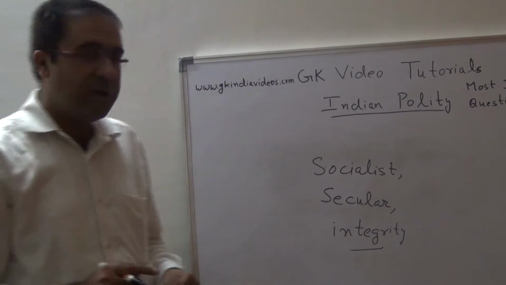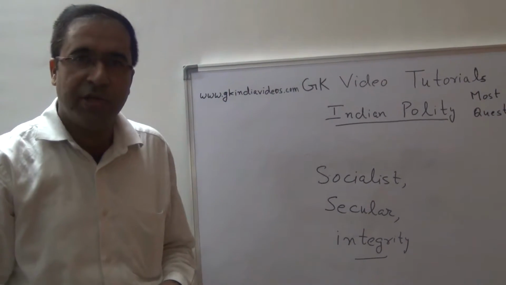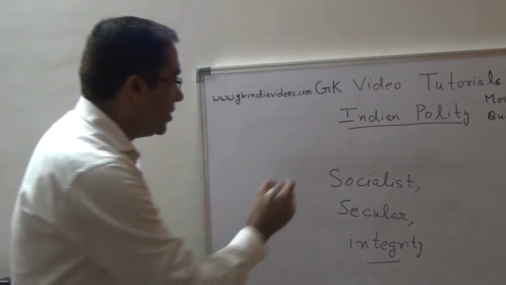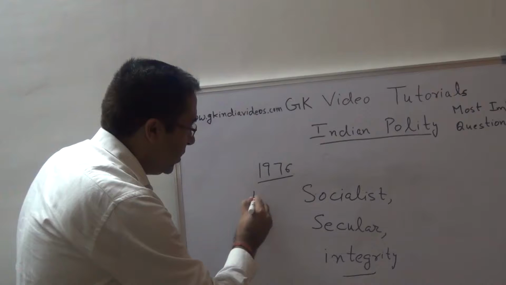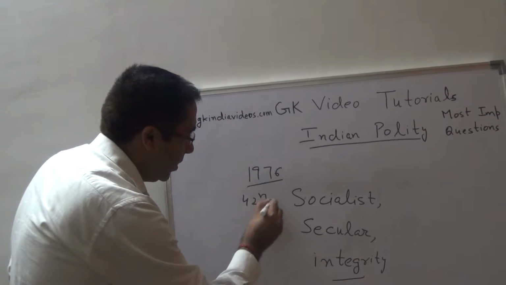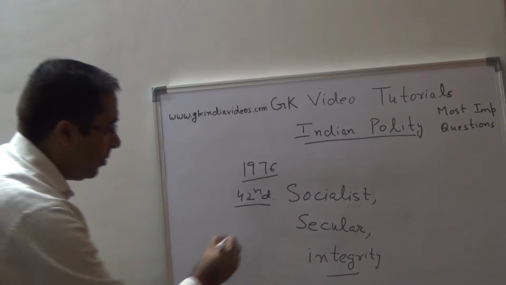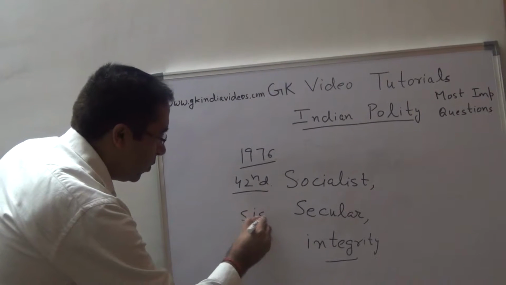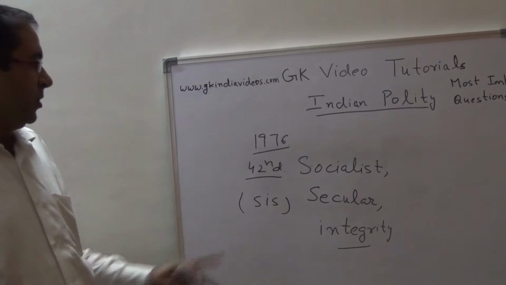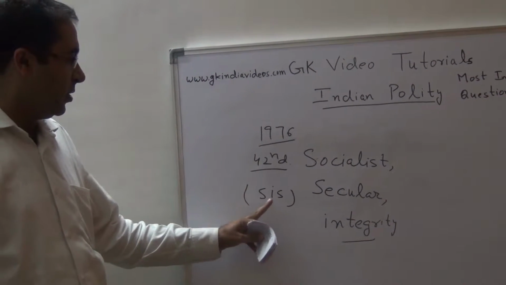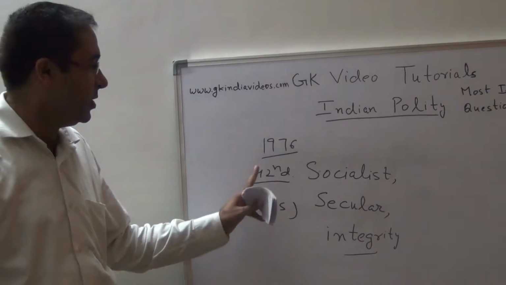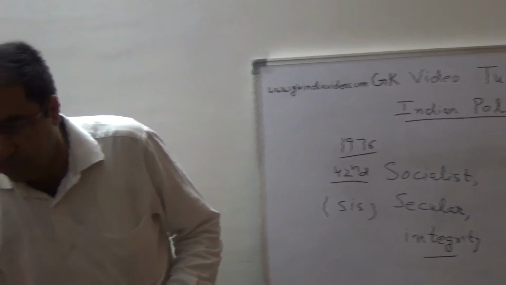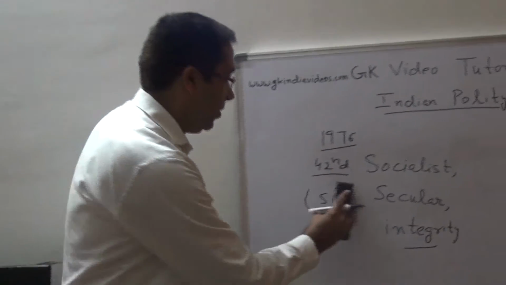These 3 words were added by the 42nd Constitutional Amendment, which was done in 1976. So you can remember this like a short form SIS: socialist, integrity and secular. These 3 words were added by this amendment. This is a very important question.